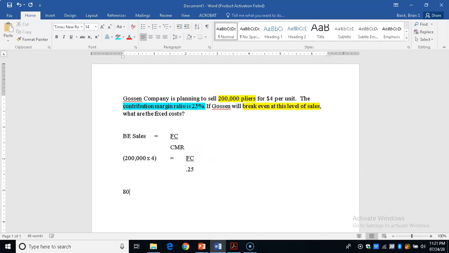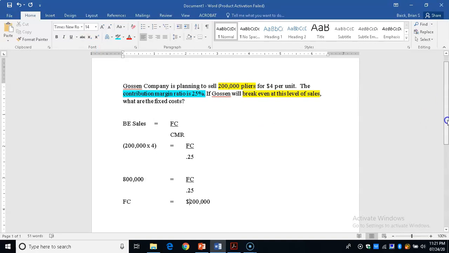Now we have 800,000 because 200,000 times 4 equals fixed cost over the contribution margin ratio, which is 0.25. If you do the math, you're going to get 200,000. So the answer is $200,000.